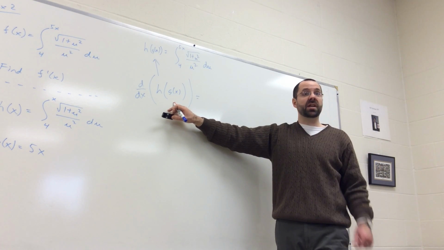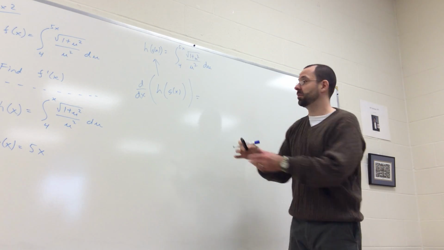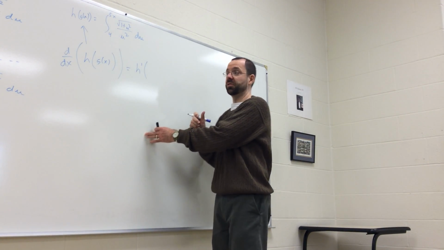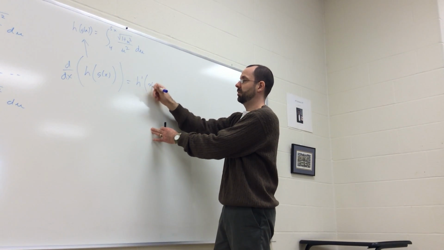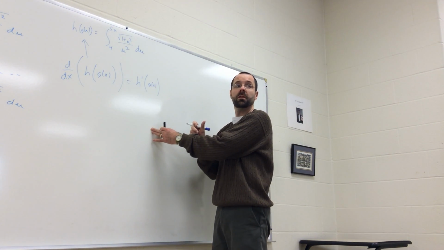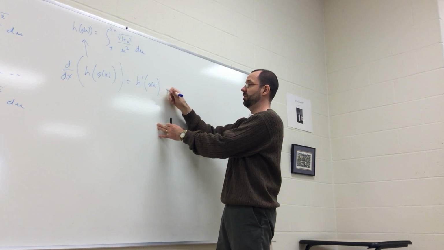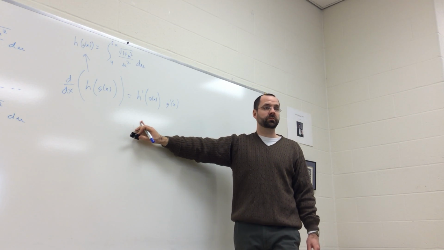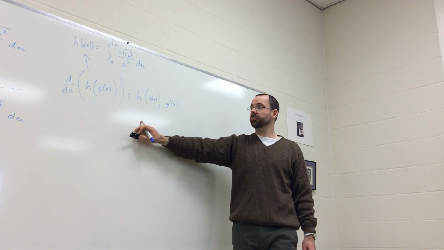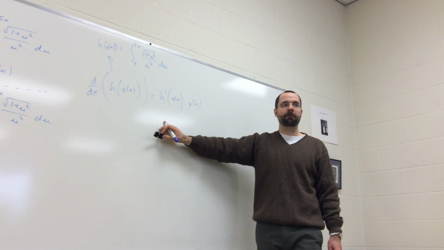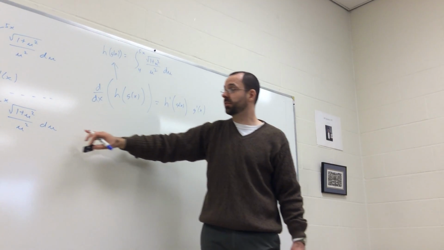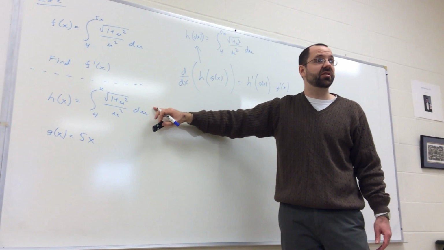So the way you start out, you take the derivative of the outside function, and you plug the regular inside into it, and then you multiply by the derivative of the inside. Okay, so the outside function is h of x. What's the derivative of this h of x?